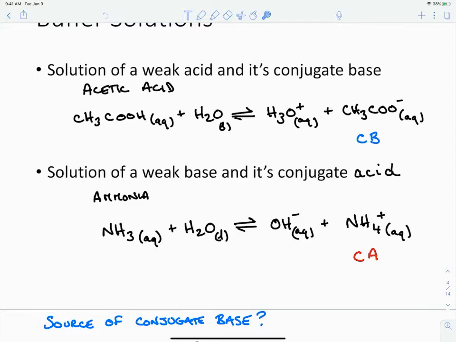So if we want to make a buffer, an acidic buffer, we would have a solution of a weak acid and some of this conjugate base. So we need a source of this conjugate base. And so the source of this conjugate base, which is acetate, we need something that's going to give us acetate.